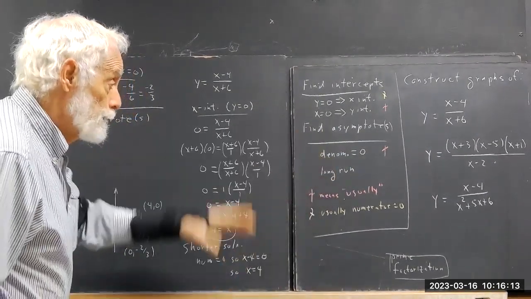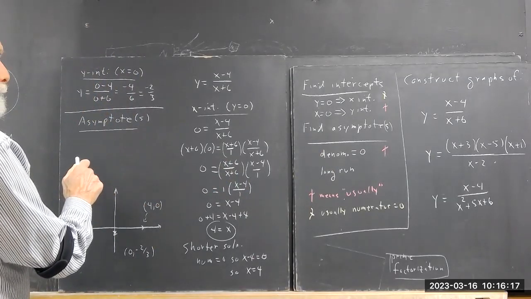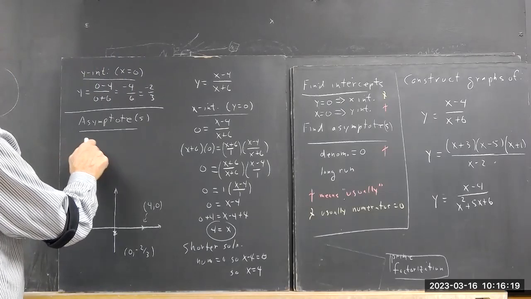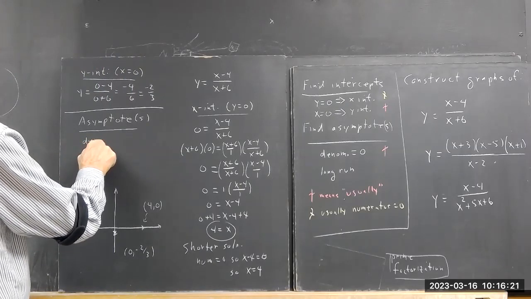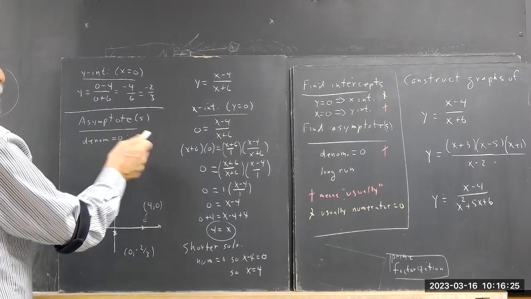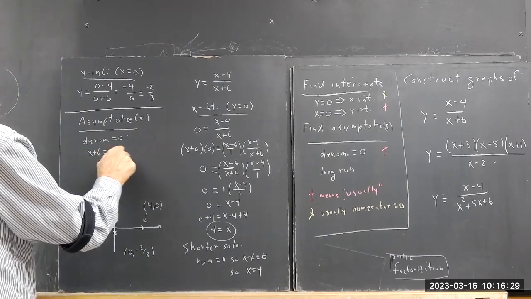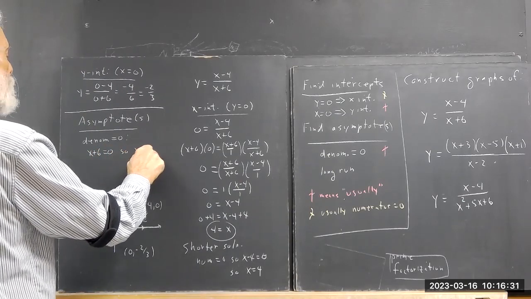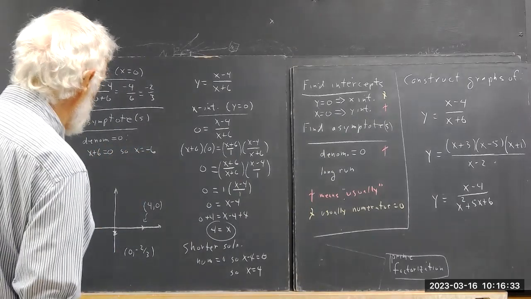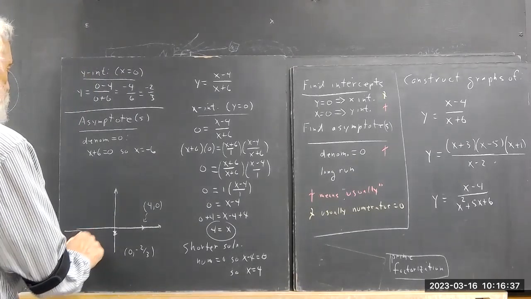And there isn't one here, so we're not going to worry about it. Asymptotes, right out: denominator equals 0. The denominator is x plus 6. So x equals -6.